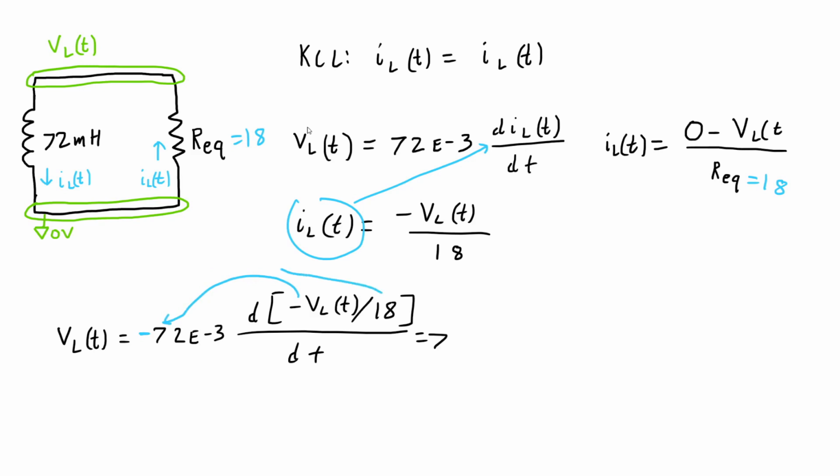I'm going to do the same thing with the over 18. So it'll be negative 1 over 18, basically. And the reason why we're doing that is because I want to move the negative dVLT dt to the other side and get it in our standard form. So I'm going to do that.